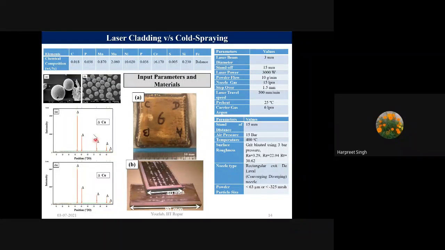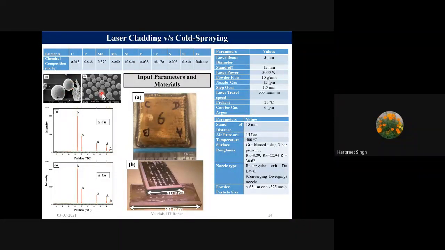These are the XRD images of our feedstock powders. Just for the young people, whenever you get some powders or feedstock materials, you must characterize them, right? We never knew what industry is going to give you. So whenever you start your research, you have to characterize your materials. They were of spherical morphology.